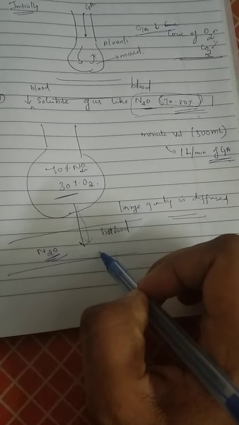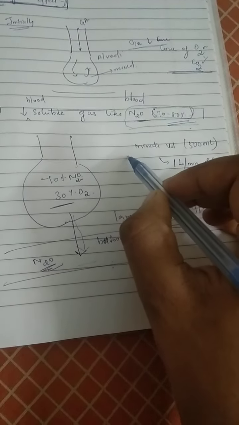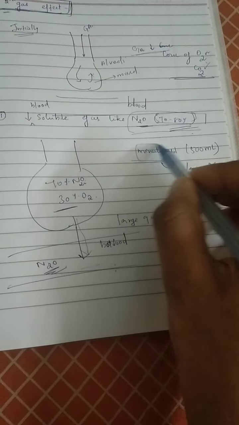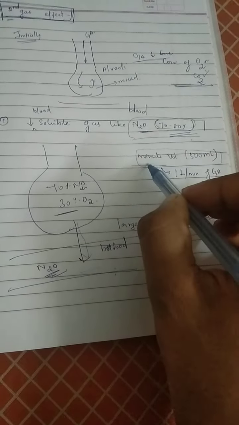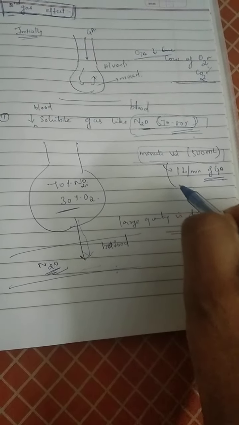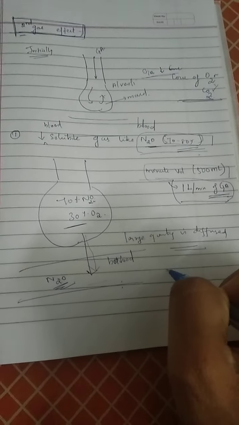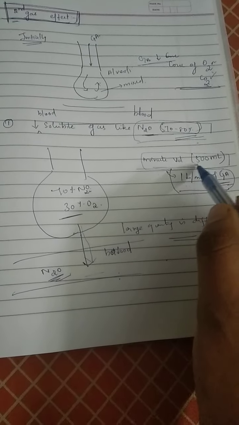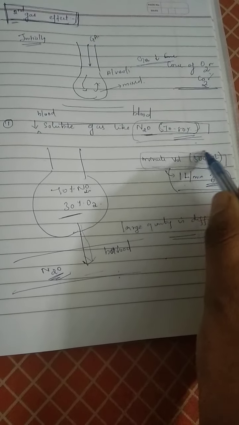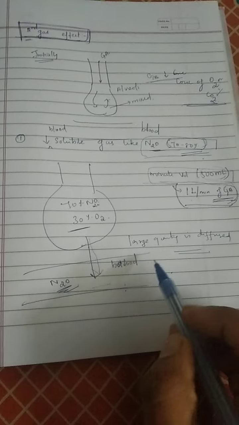So here, usually the minute volume will be 500 ml. But here even 1 liter per minute of general anesthetic can enter into the blood. So this is exceeding this 500 ml value, right? This is the significance.